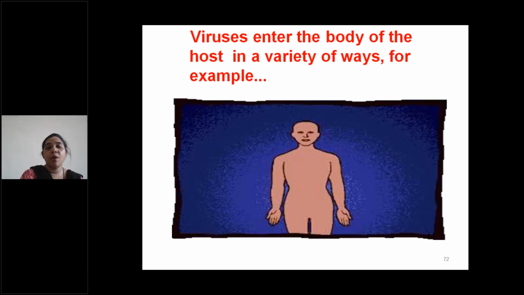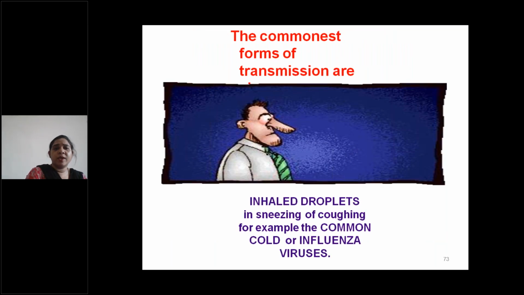Viruses enter the body of the host in a variety of ways. So what are those different ways? The common forms of transmission are, first, inhaled droplets, sneezing, coughing. For example, common cold or influenza virus.